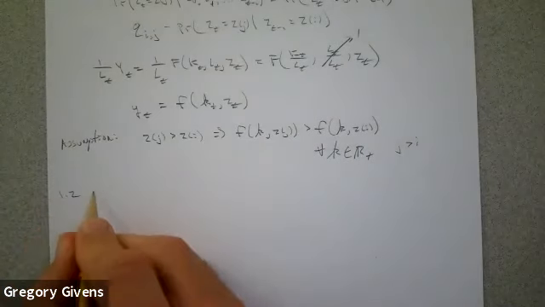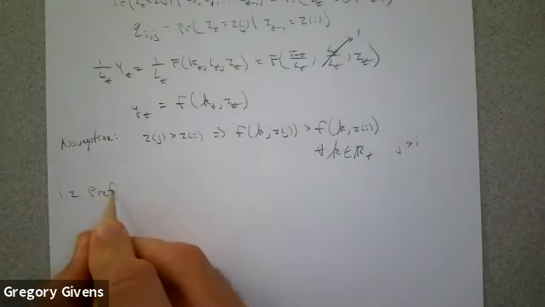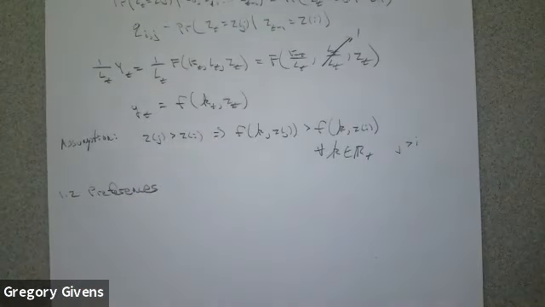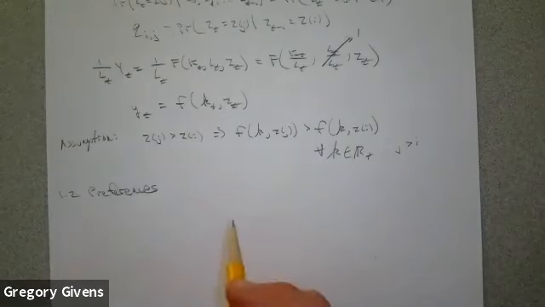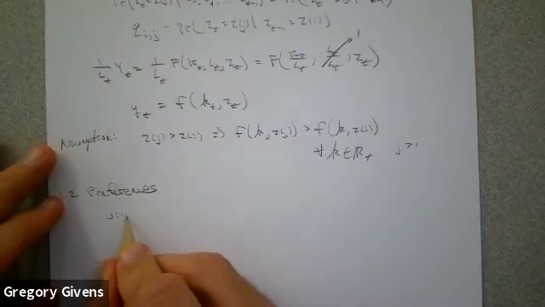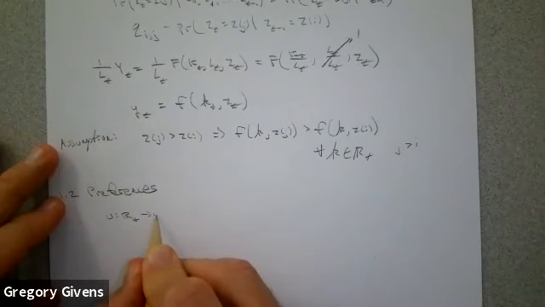Let's talk about preferences for a minute. The economy is going to admit a representative household with an instantaneous utility function given by U of C that satisfies the same assumptions we talked about in the context of the neoclassical model. So U will map elements from the positive reals into the reals.